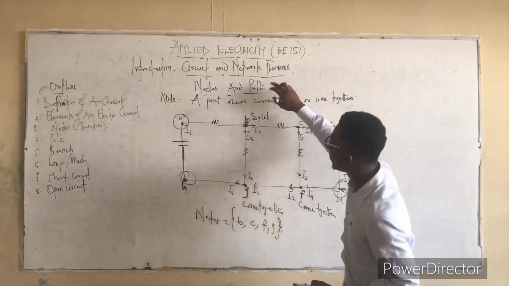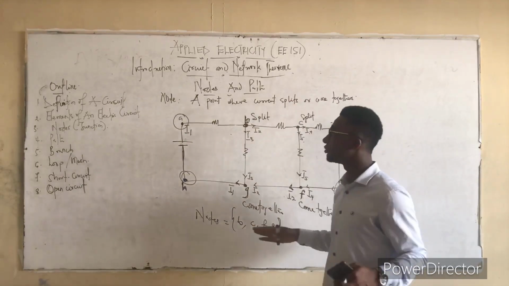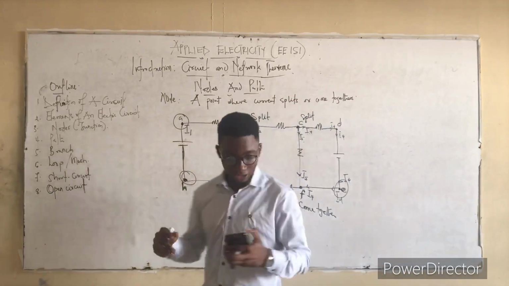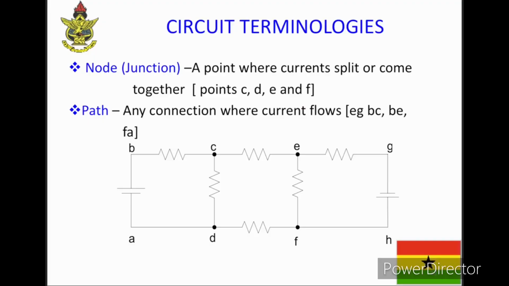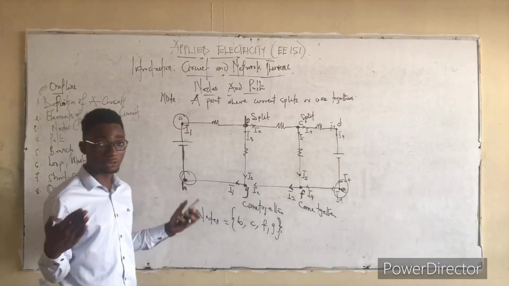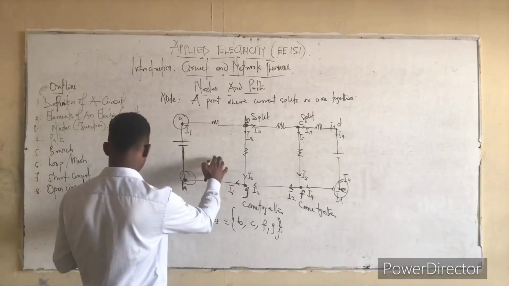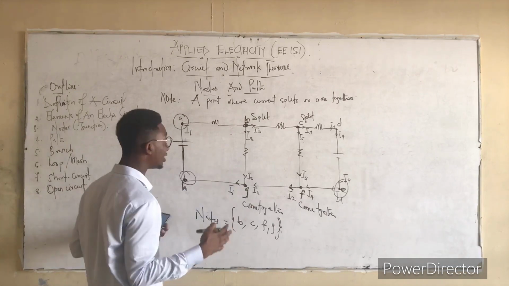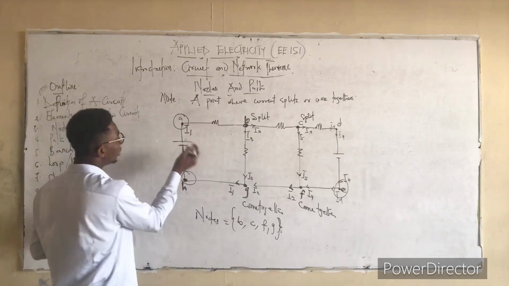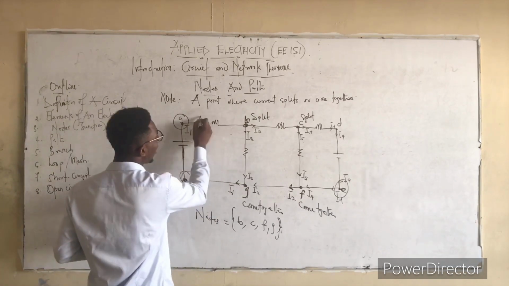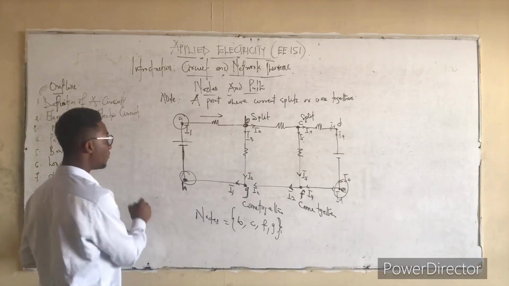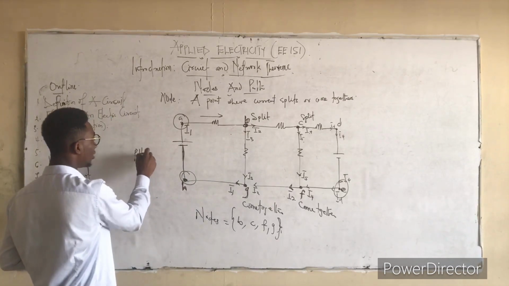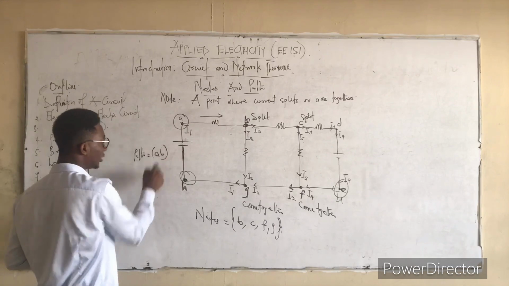Now in short, let's explain what a path is. A path is simple: a connection within the circuit where current flows. So any connection within this circuit where current flows is a path. When we check between A and B, current flows between A and B, so you can have AB, which is a path.